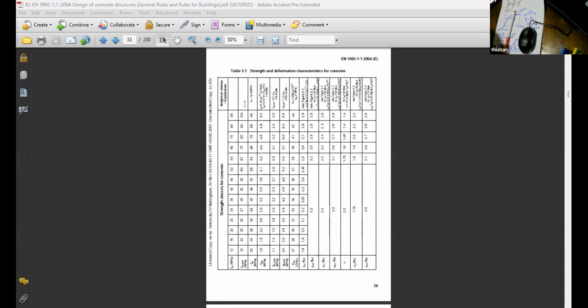in American codes also they allow, if you want to do something beyond what is given in the code, link up with a good university, do the experiments, control experiments, proper experiments, not to cheat, but do proper experiments, find the data, use that data, and go for high strength concrete.